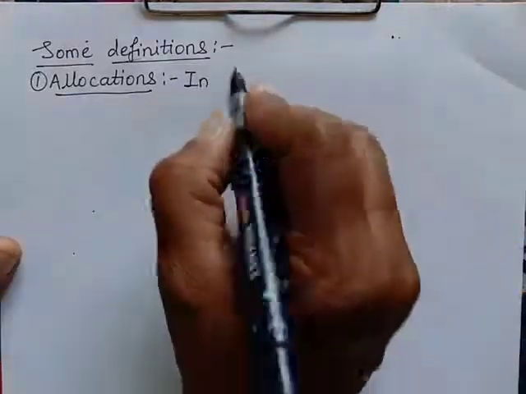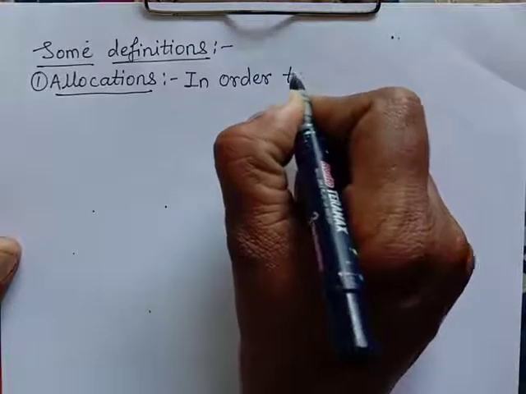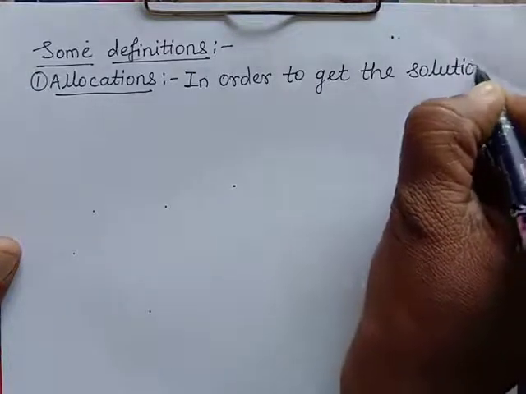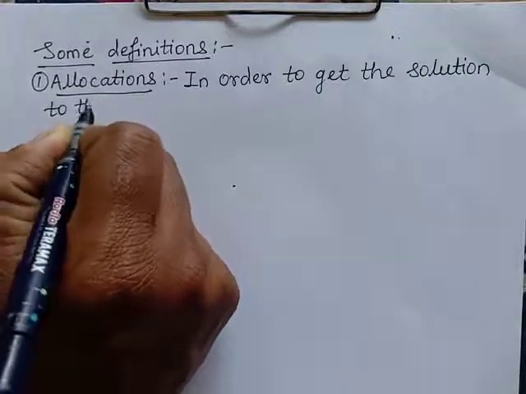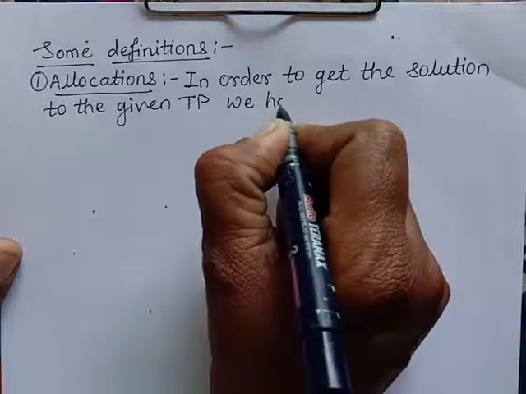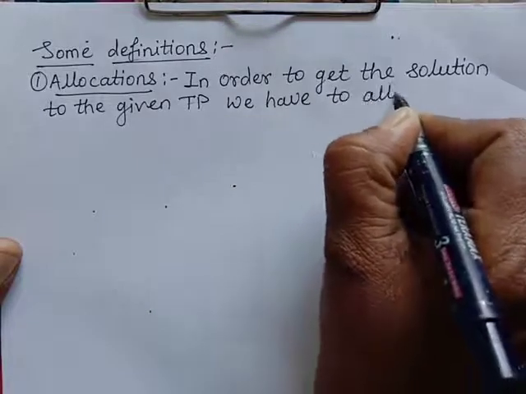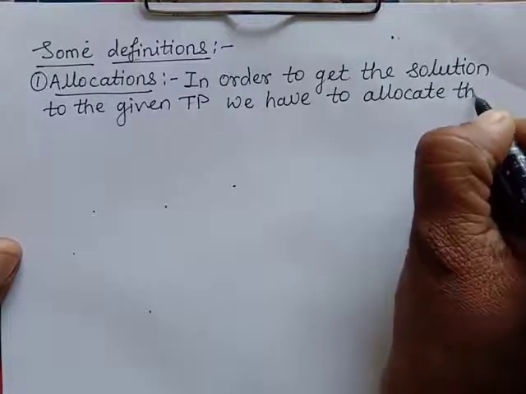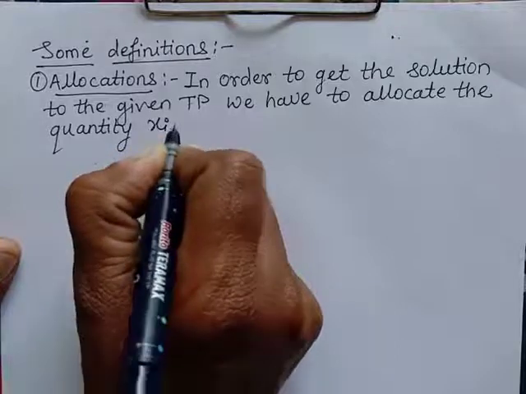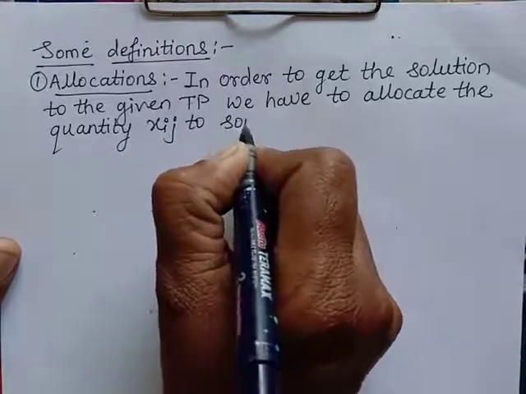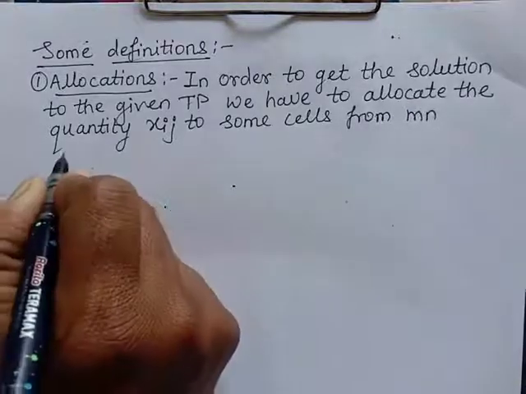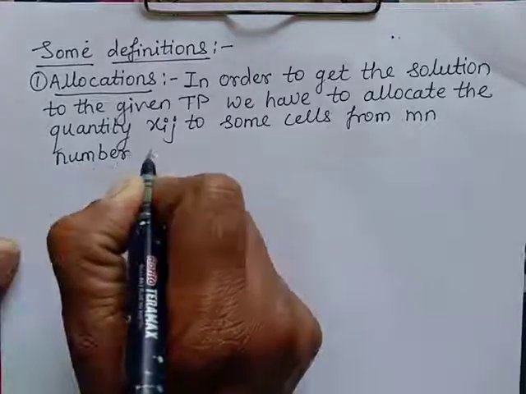In order to get the solution to the given transportation problem, we have to allocate the quantity xij to some cells from the mn number of cells.